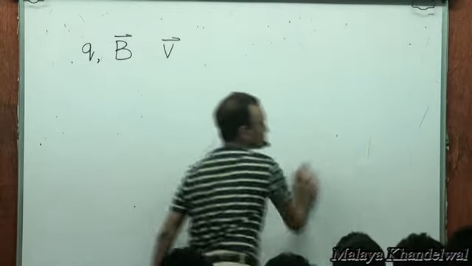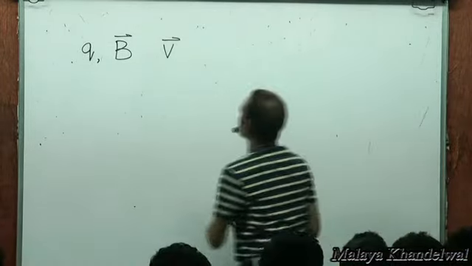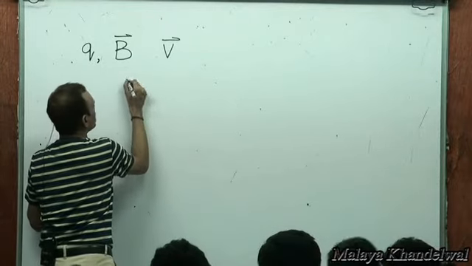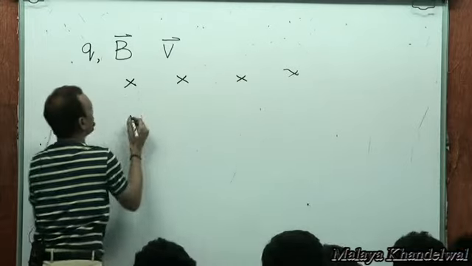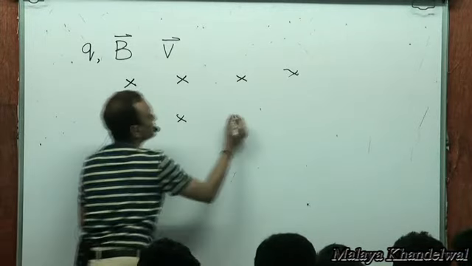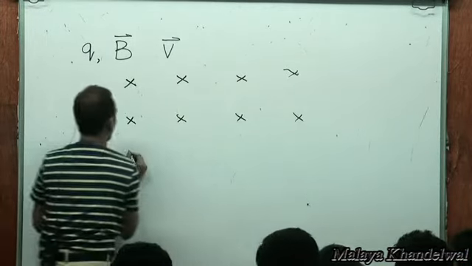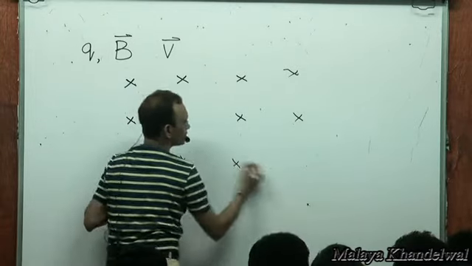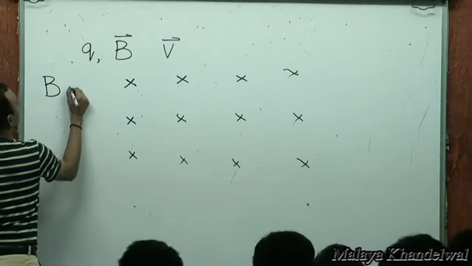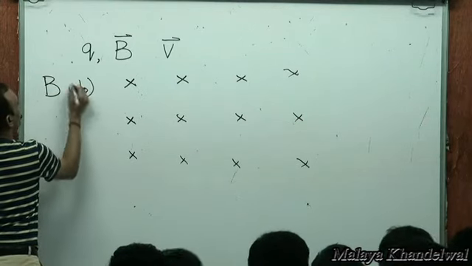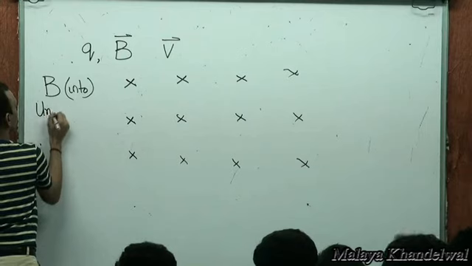Suppose there is a region of uniform magnetic field, say going into the plane of the board. These are magnetic field lines going into the plane of the board. B going into the plane of the board, uniform magnetic field.